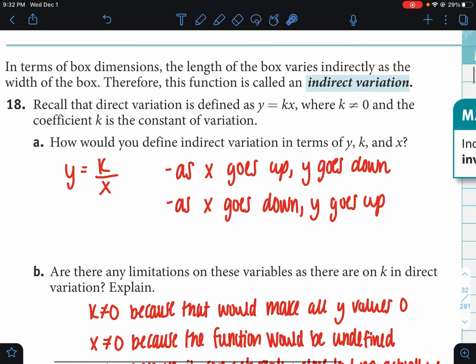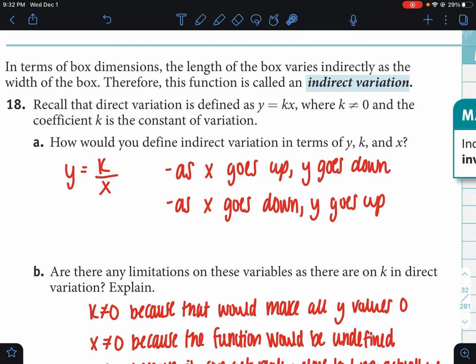So, if this is the equation for a direct variation, this is the equation for our indirect variation, okay? Above, our k value was just 40. And again, what does this mean? This means that as x goes up, I'm going to divide by a bigger number.